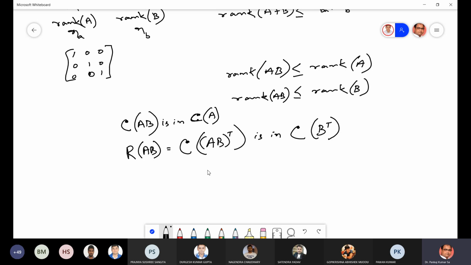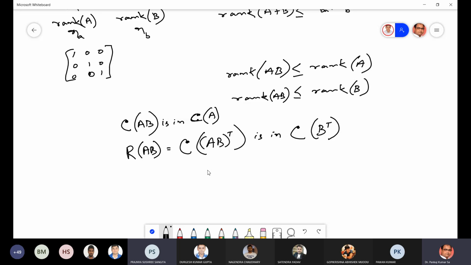They do not result in two different answers. So when you write column space of AB is in column space of A, is it the same as column space of AB is in column space of B? No, I've written transpose. When we are multiplying, we multiply rows of the first matrix with columns of the second matrix. So why is the column space of AB in column space of A and not in B?